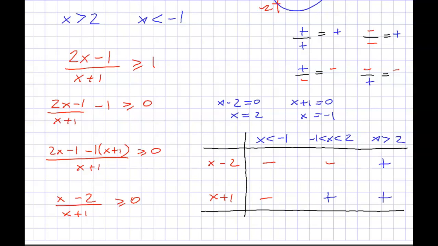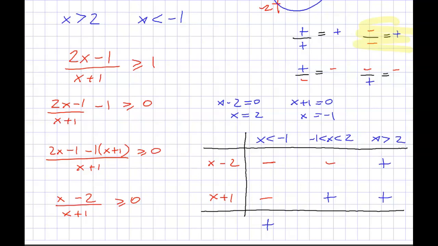So when I'm doing a negative divided by a negative, what we're getting is this scenario here, where my answer will be positive. It'll be greater than 0. If I were to look at values between -1 and 2, I have a negative divided by a positive.